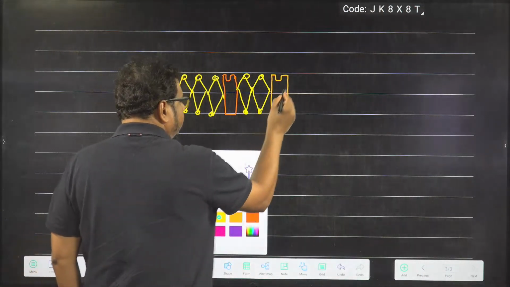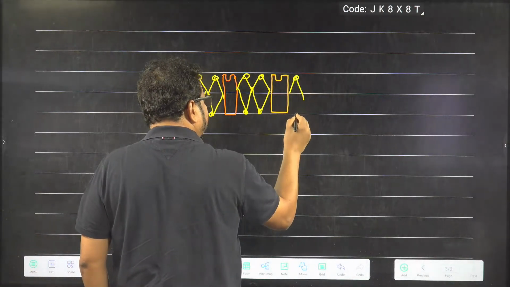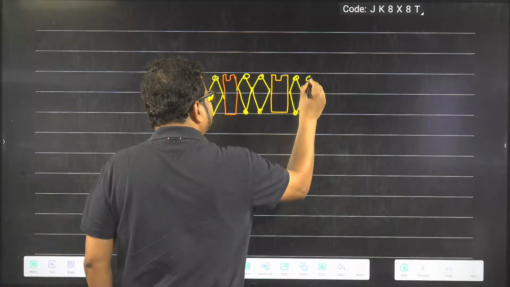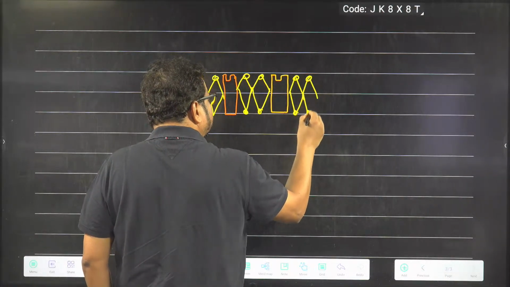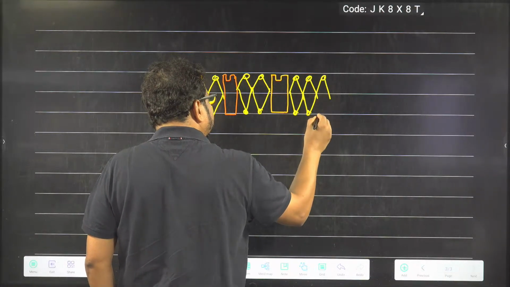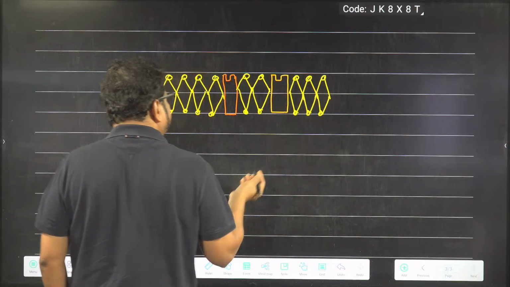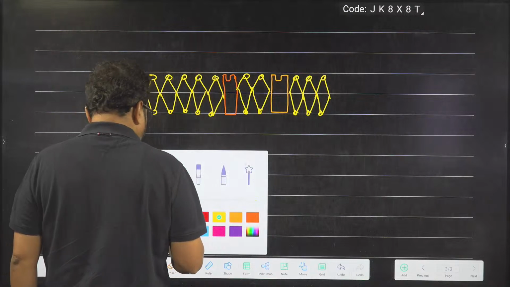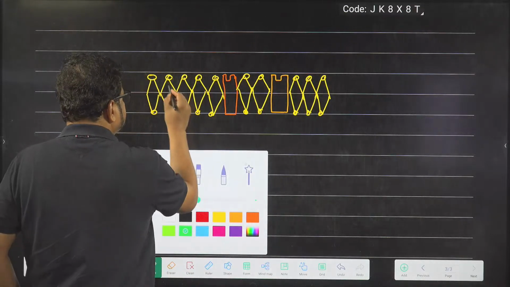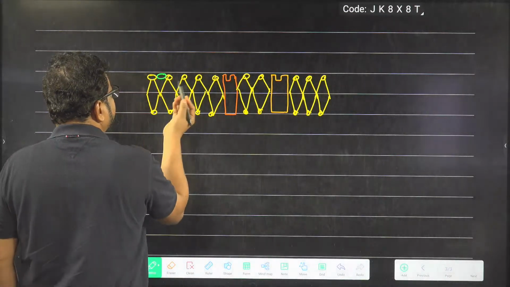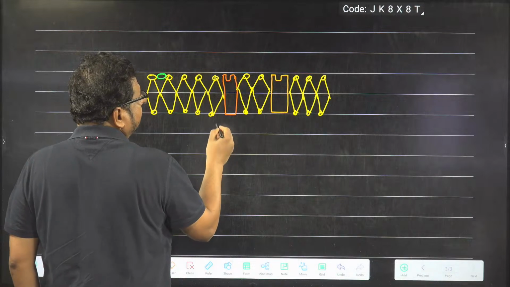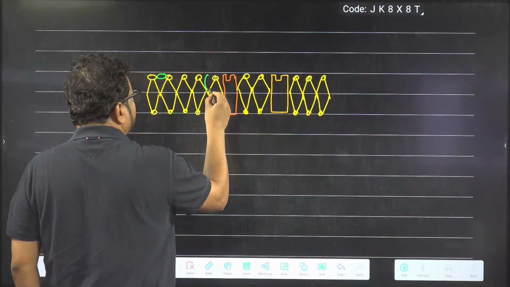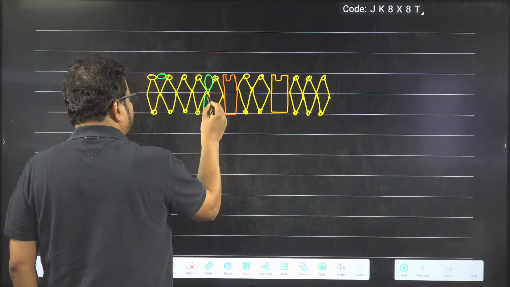Further, I am making lipid bilayer. So what are you finding? Who is uniformly present? Lipid bilayer. It is making a continuous layer, and in that lipid bilayer, here and there, proteins are present. Some protein is also present here like this. It is a peripheral or extrinsic protein. Suppose some protein is embedded up to here.